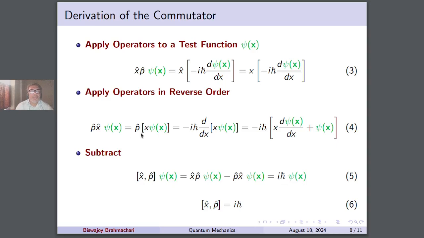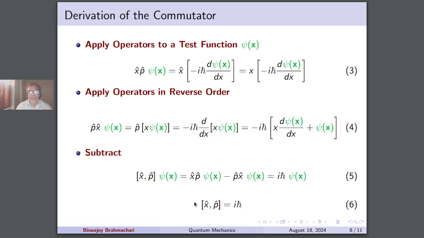So this is the property of the derivative. Because when we take the derivative of the product of two functions x and psi, we get an extra term, which is the second term, and this doesn't get cancelled. The first term gets cancelled with this, but the second term doesn't get cancelled. So it gives a non-zero commutator on the right hand side.